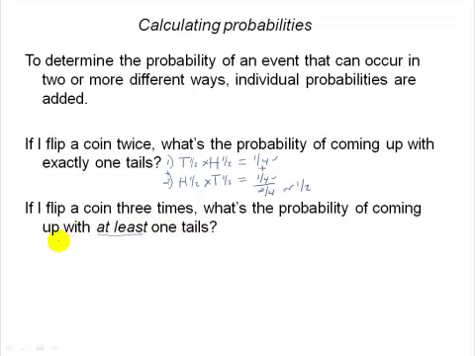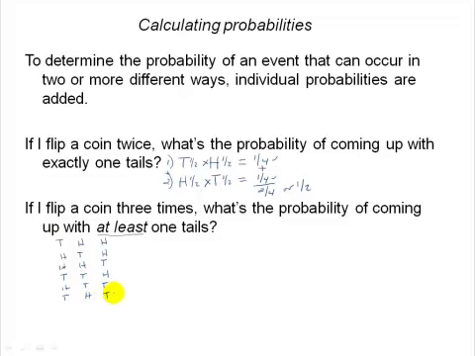And so we could do this the long way. We could say, all right, I get a tails, and then I get a heads, and then I get a heads. I get a heads, and then I get a tails, and then I get a heads. I get a heads, and a tails. Or, look at all the ways that we could have 2 tails, which would also satisfy this, right? We could have tails, tails, heads, heads, tails, tails, or tails, heads, tails.